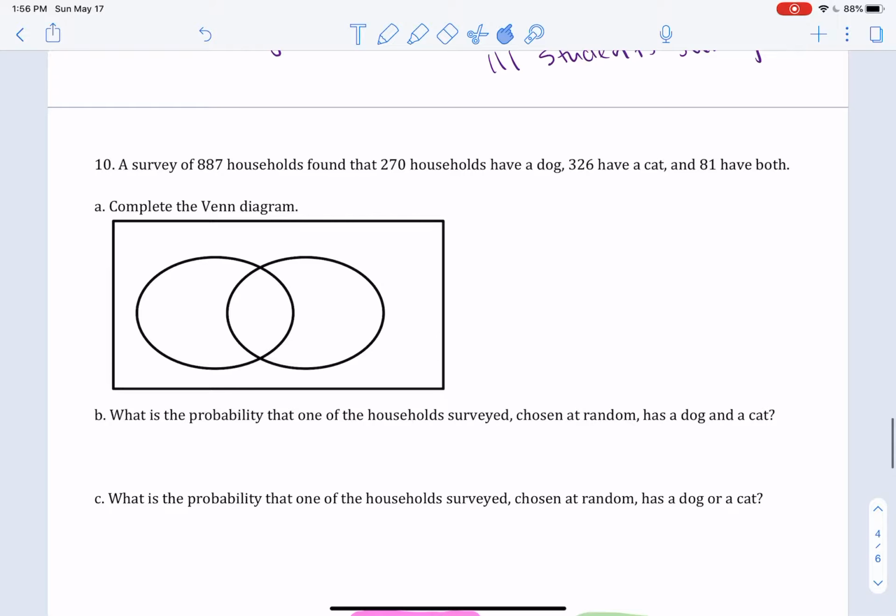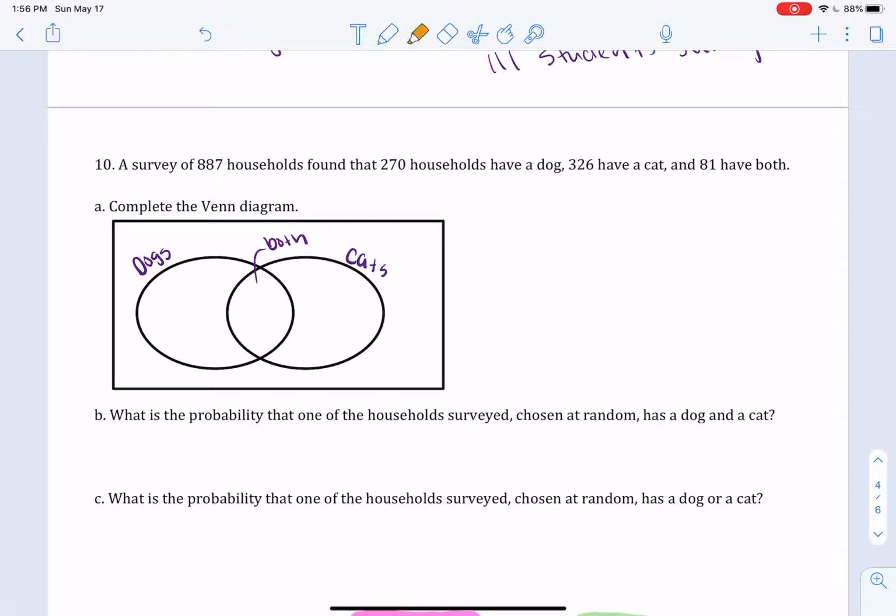Number 10 says that a survey of 887 households found that 270 households have a dog, 326 have a cat, and 81 have both. And then it wants us to complete the Venn diagram. So we've got the people who have dogs, and we've got the people who have cats, and we can't forget the people who have both.